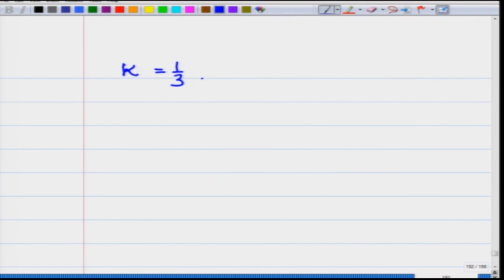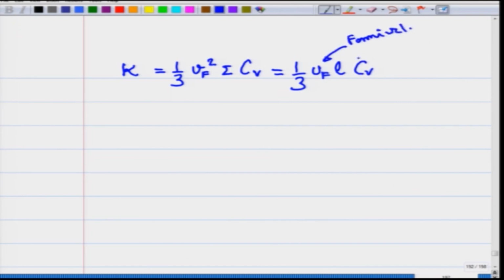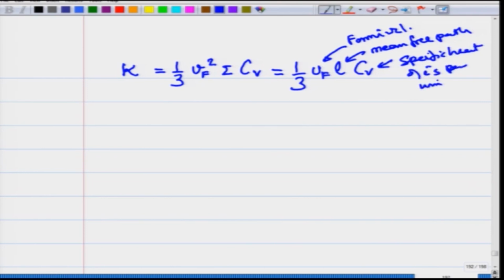A more accurate way to write kappa is of course 1 by 3 Vf square tau times Cv, where this is the specific heat of the electrons per unit volume, which is also equal to Vf times L times Cv, where this is the Fermi velocity, this is the mean free path of the electrons, and this is the specific heat of electrons per unit volume of metal.